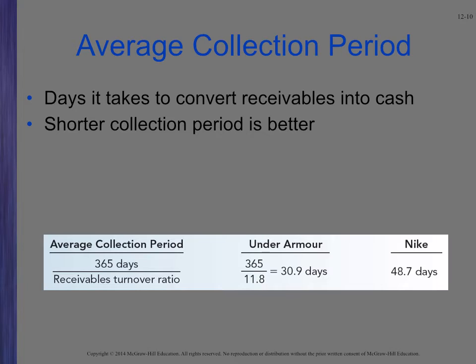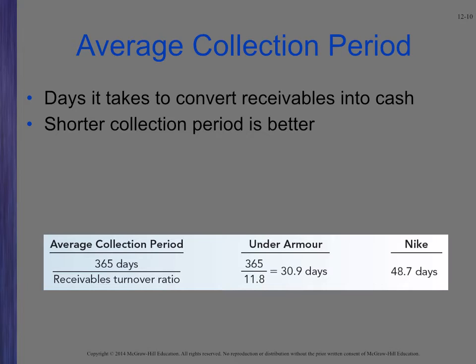This illustration again shows the average collection period for Under Armour and Nike. Under Armour's average collection period is 30.9 days, whereas Nike's average collection period is 48.7 days.